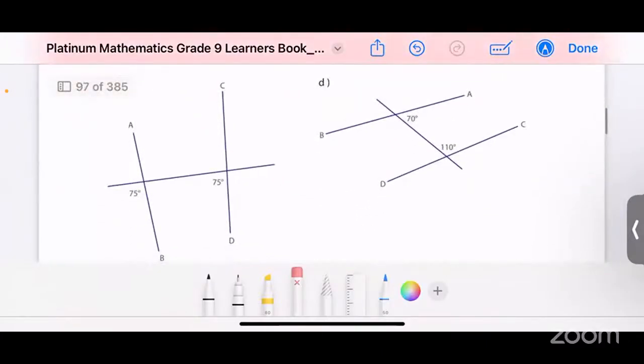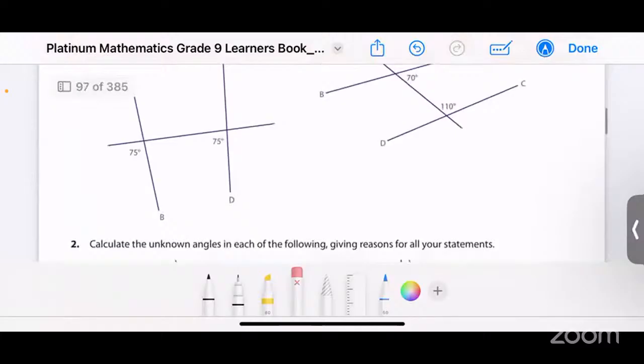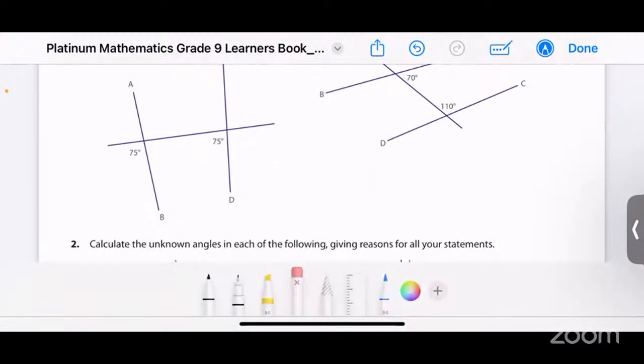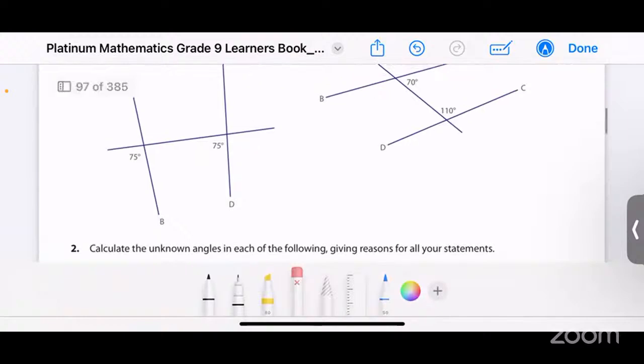Let's move to question C. Are we seeing line AB? Yes, ma'am. And line CD?